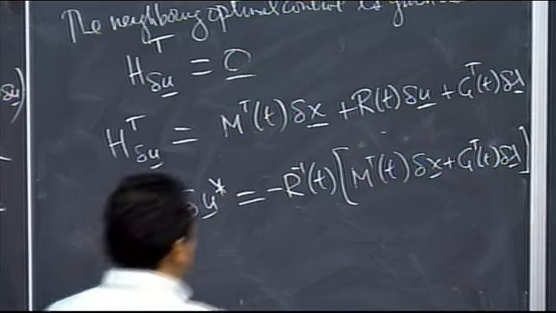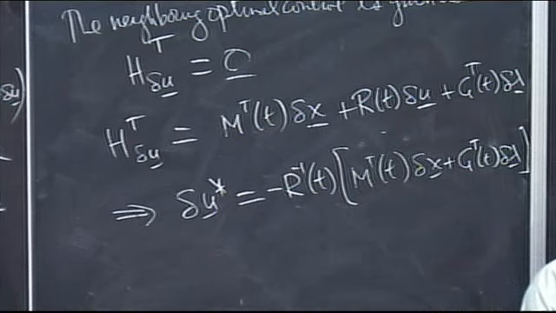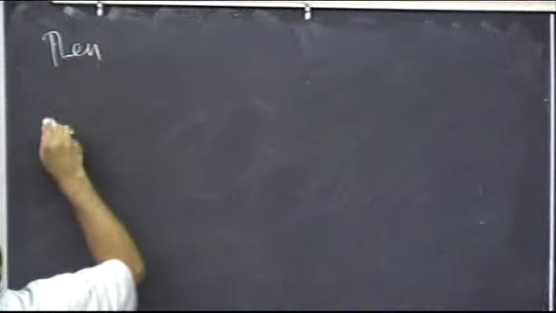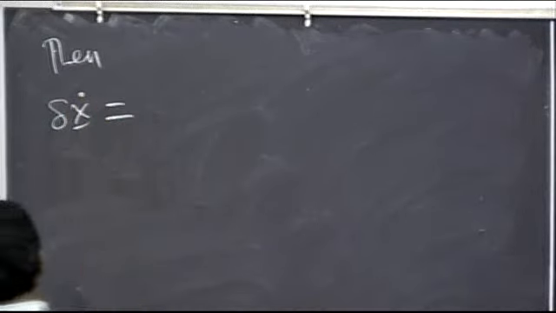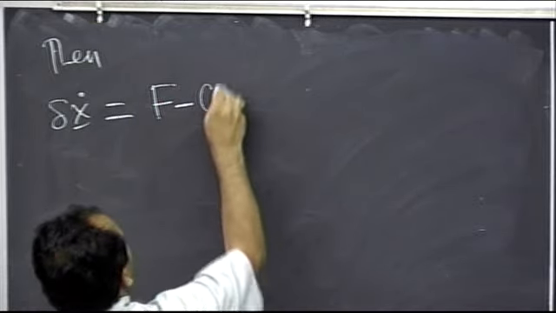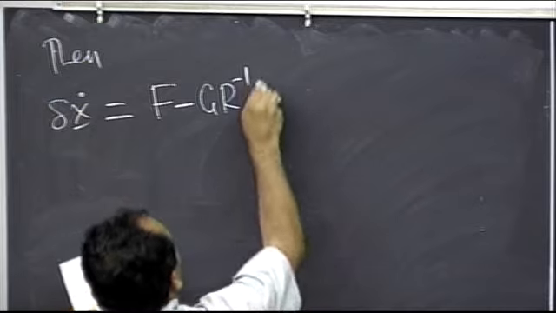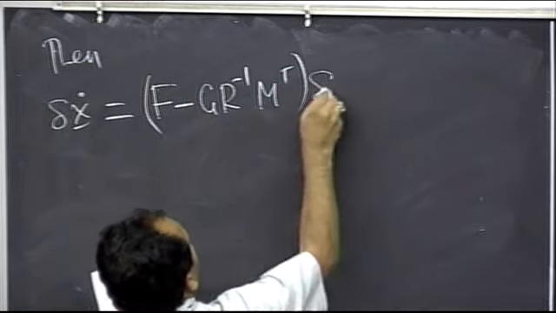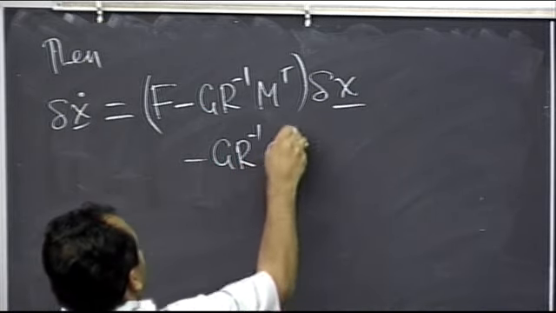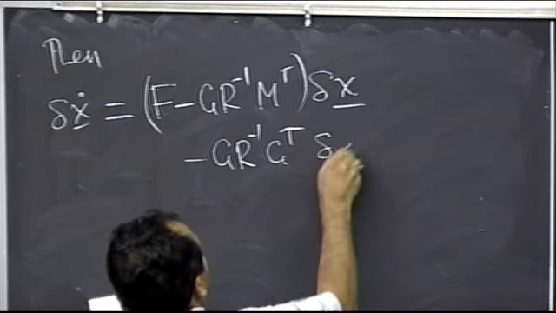So when you put all these things together, you wind up with the following system, two differential equations in delta X and delta lambda. Delta X dot is going to equal F minus G R inverse M transpose times delta X, minus G R inverse G transpose delta lambda.